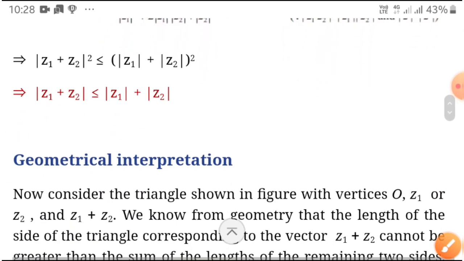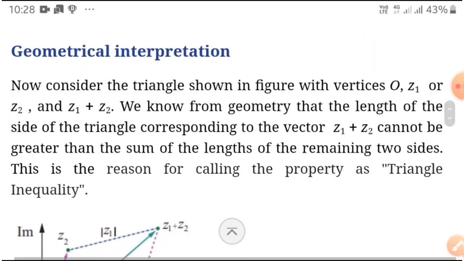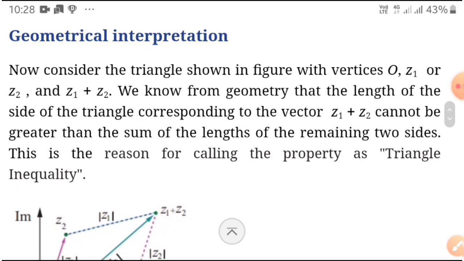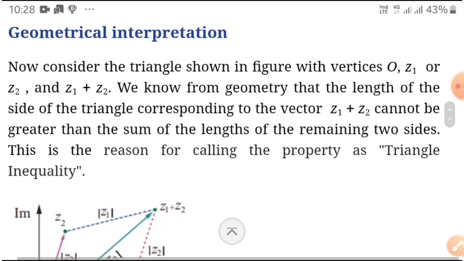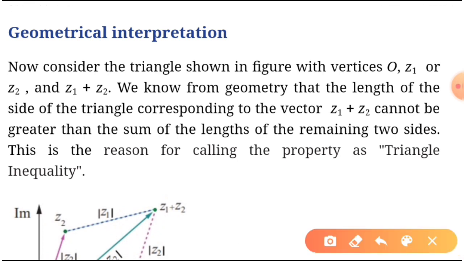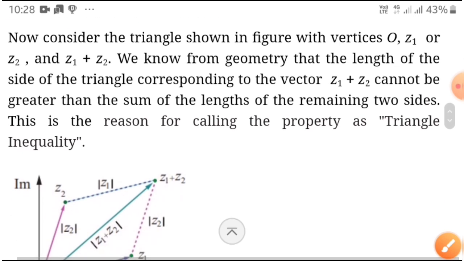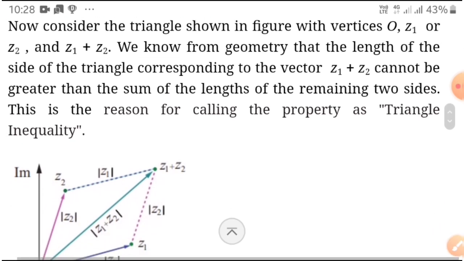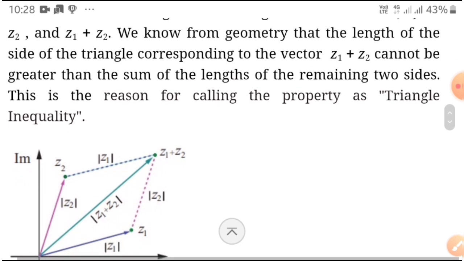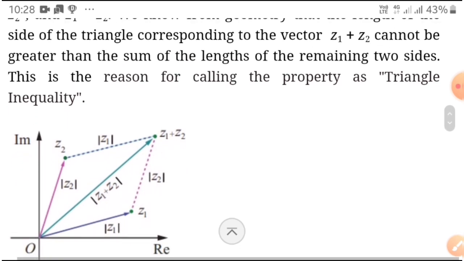Next, geometrical interpretation. Now consider the triangle shown in the figure with the vertices origin, Z1 or Z2, and Z1 plus Z2.